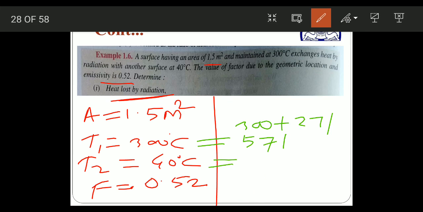So what will be this? This is 573 Kelvin, and this is 40 plus 273, that will be 313 Kelvin. Okay, one second.